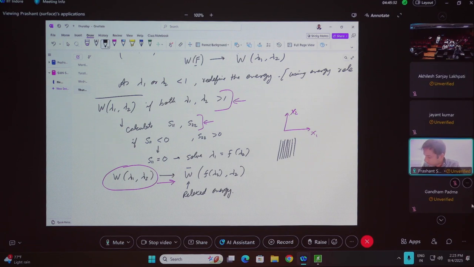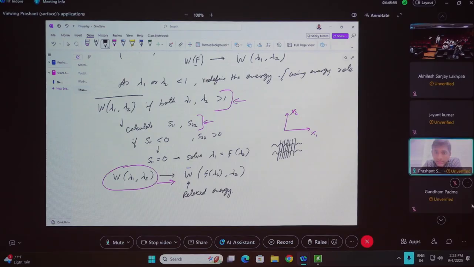So the waviness would be in the direction of x1 like that. So hopefully that makes some sense.